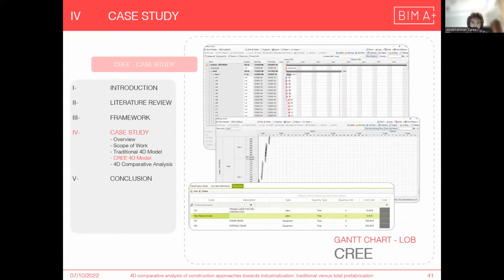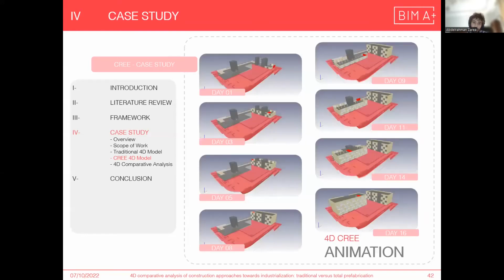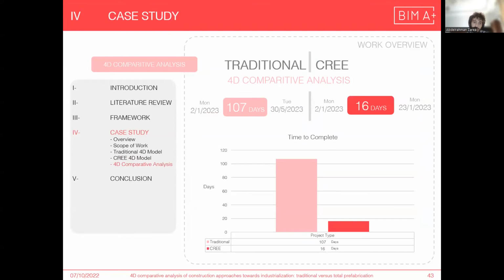So the Gantt chart as well as the line of balance is created, and the user needs to define the resources that are going to be used inside Bexel. And these figures show the progress of work per day, starting the process for the hotel building first and then going to start the erecting of the housing building.